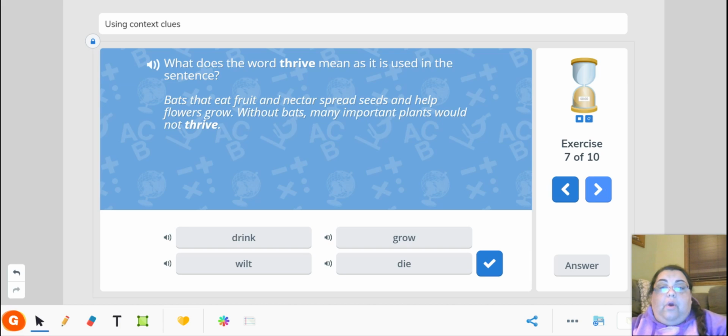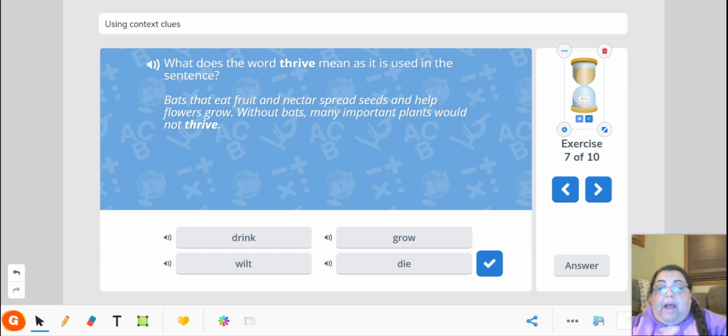What does the word thrive mean as it is used in the sentence? Bats that eat fruit and nectar spread seeds and help flowers to grow. Without bats, many important plants would not thrive. So what do plants do? We've got to think about that. Does thrive mean drink, wilt, die, or grow? Let's take 15 seconds.